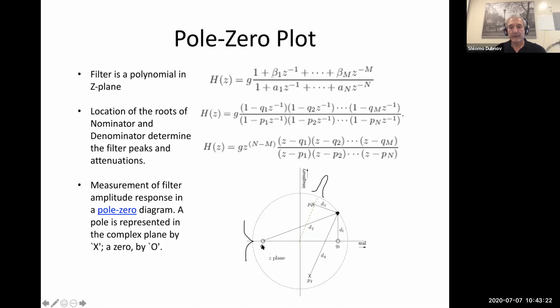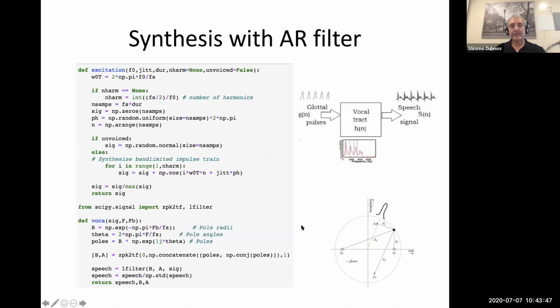If you get close to the zero, H will be small, and this is where you have a dip. So as you go through the different frequencies, if you know the poles and the zeros, you can calculate these distances, do this geometry, and trace the amplitude response of your filter.